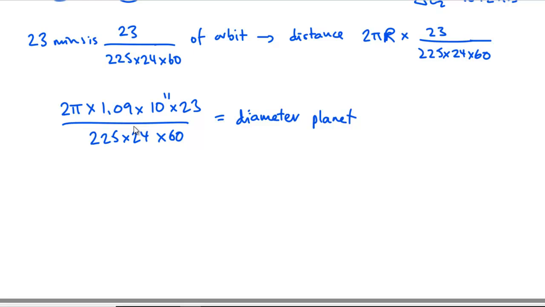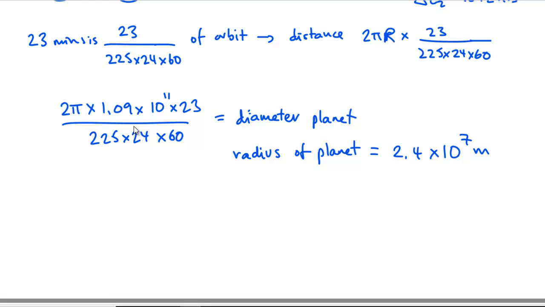Now I need to halve that. So the radius of the planet is going to be equal to 2.4 times 10 to the 7 meters. Right, okay, so what's that? 24,000 kilometers, so about 6 times the Earth.